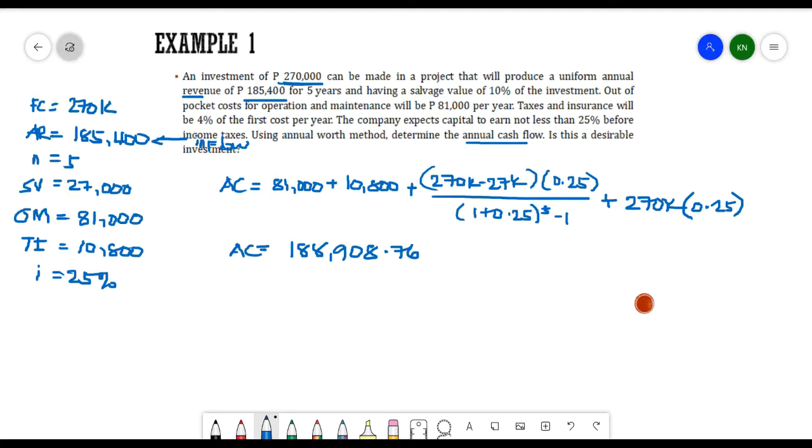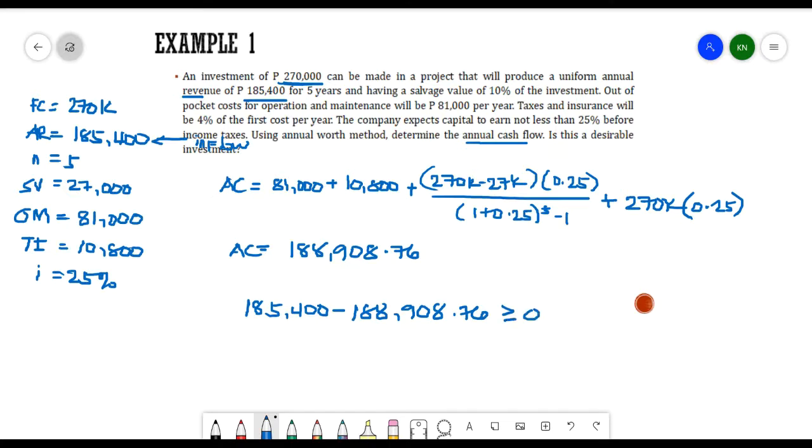So again, this is just simply inflow minus outflow. The inflow is 185,400 minus our cash outflow, which is 188,908.76. Again, this should not be less than or equal to 0, because if it is, then that is not a good investment.